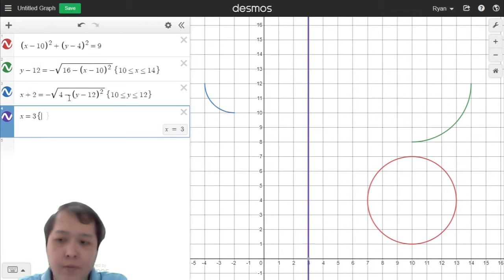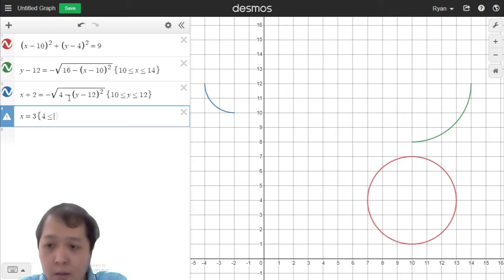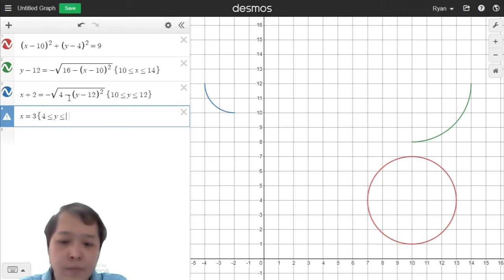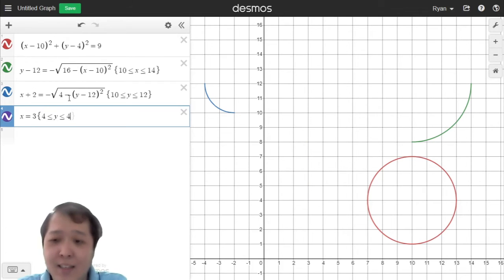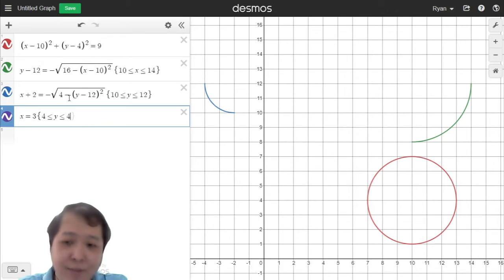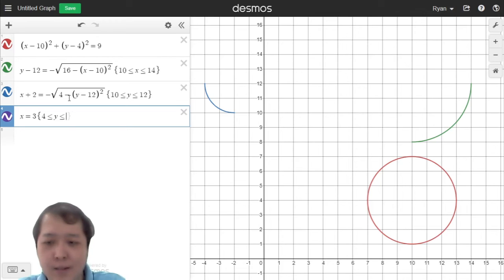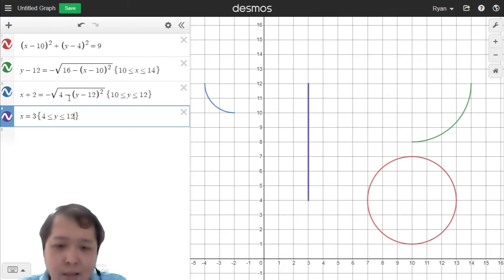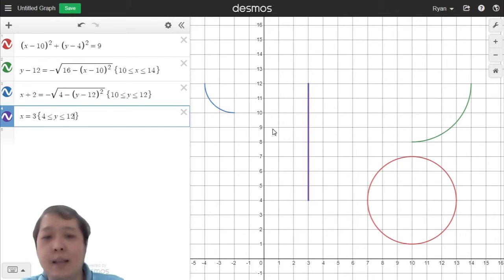Say 4 to 8, but not 4, it's going to be just an invisible point. Typo again. Okay, 8 or something, right? That's it. Pretty simple for the straight line.